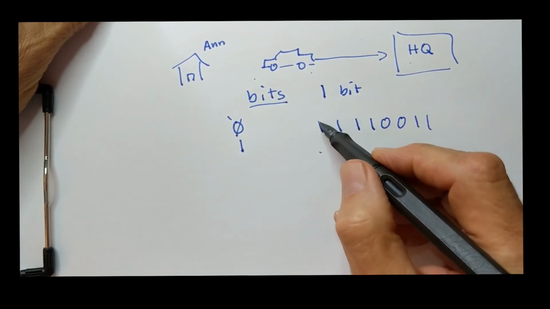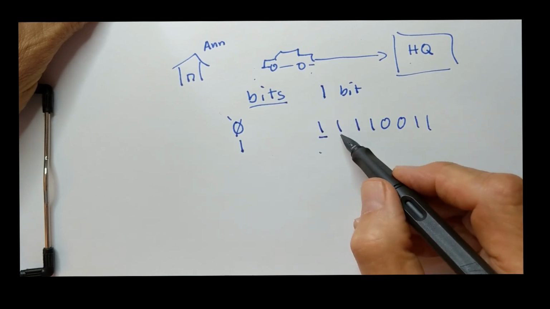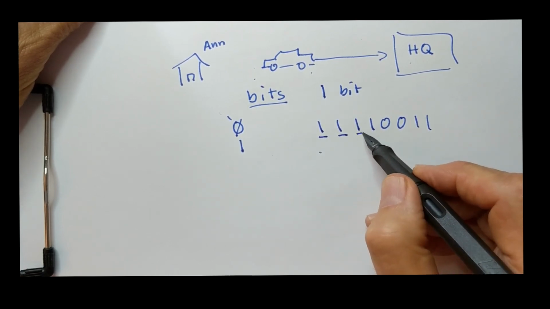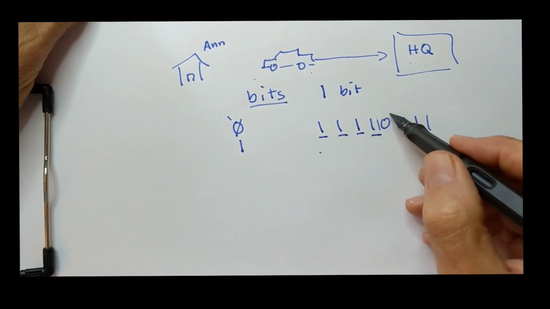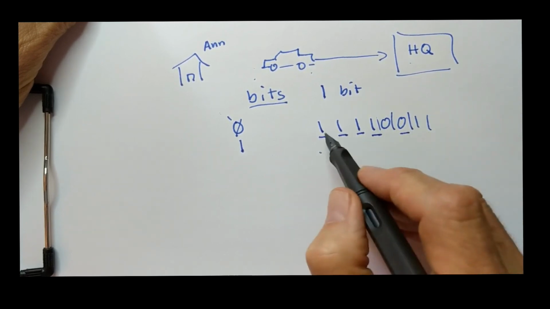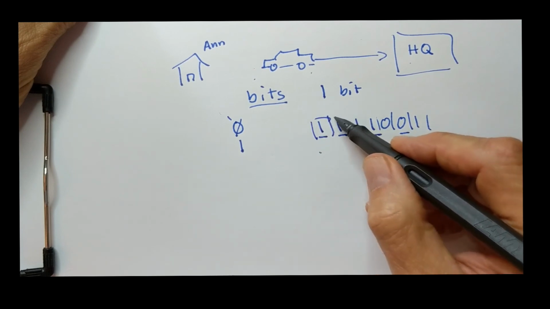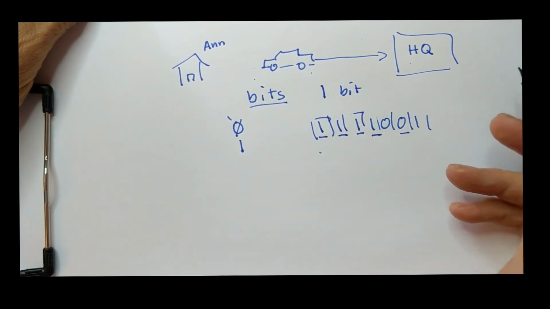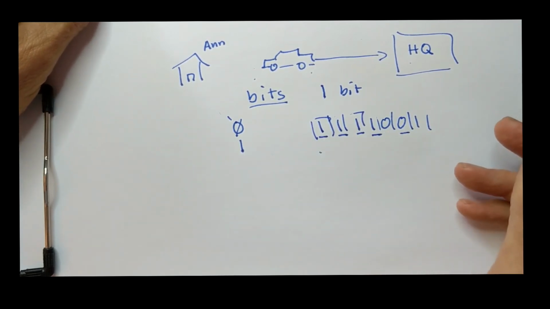So here at the first hour, Anne was in the house. Second hour, Anne was still in the house. Third hour, fourth hour, the fifth hour, Anne left. No one's in the house. Sixth, and so on. So on average, each message is 1 bit, right? That's a pretty simple example.